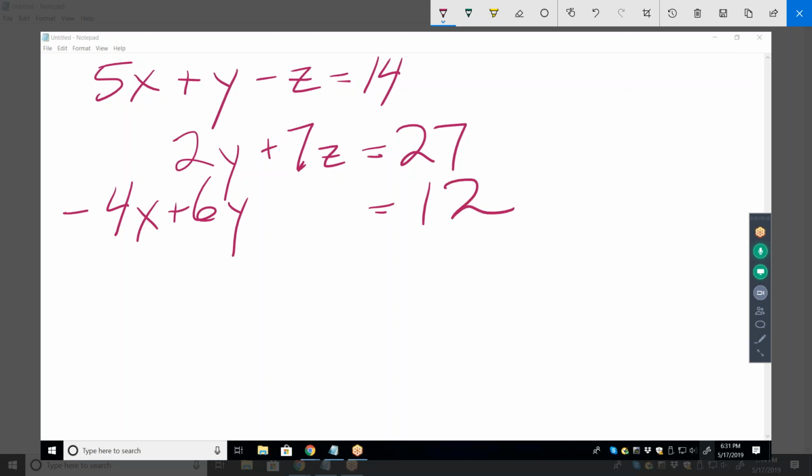Okay, let me label that equation 1, that equation 2, and that equation 3. Now when you have three equations and three variables, you know you can solve it. The way you do it is you got to eliminate a variable.